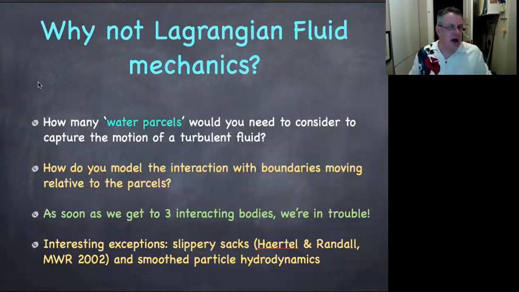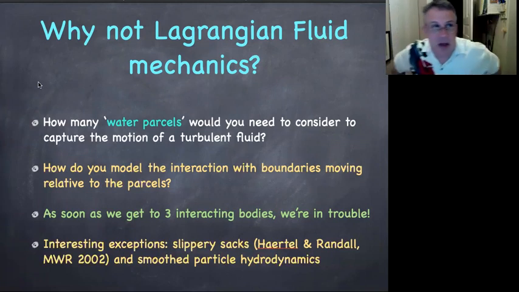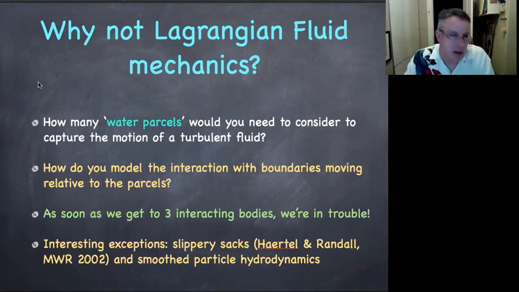So why don't we do everything in Lagrangian fluid mechanics? Lagrangian is the sense that you probably took intro to physics classes with cannonballs and ball bearings and masses on springs and all that kind of stuff, or you might have thought about it from the perspective of driving in a car or playing a sport. Why we don't use that for fluid mechanics very often is because the fluid is a continuum.